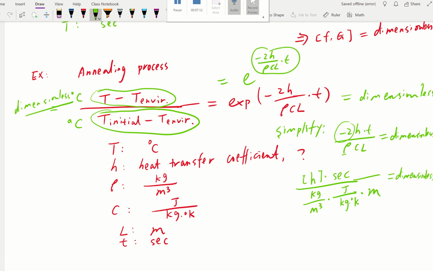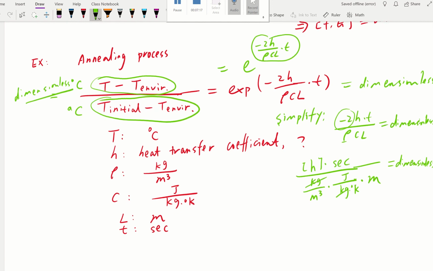Let's see if we can cancel out some. Kilogram, kilogram cancel out. And the meter cubed here becomes meter squared. So what we have is h and joule divided by meter squared. And I'm going to bring the second down here. So it's going to be 1 over seconds.